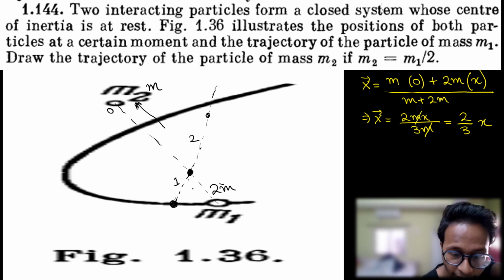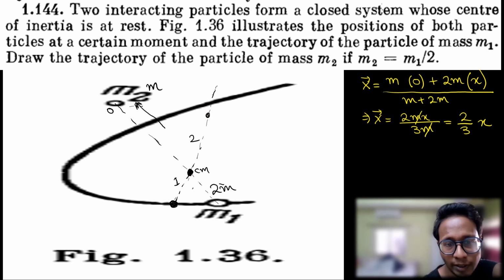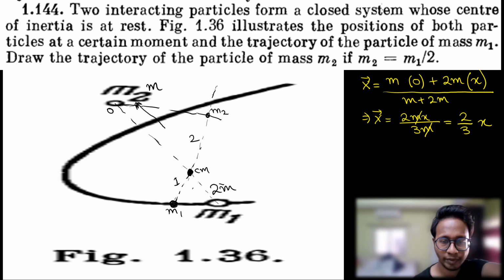That means I always have to keep this ratio constant. This is the center of mass. So the ratio of distance from M1 to M2 would always be 1 is to 2. Then only the center of mass would remain constant. So this is the new position of M2. When M1 was around here, M2 was around here.